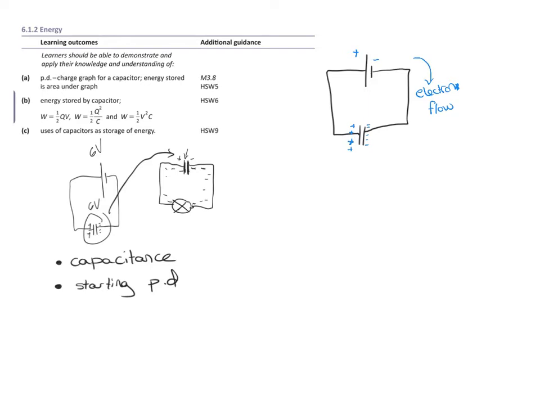So when we talk about capacitors and how they charge, we focus on the electron flow. Otherwise, everything else that we've done in electricity prior to this, we always cared about conventional current, which is in the opposite direction. It's not a real flow of charged particles moving, but we had to stick to it, and you'll find out more in the next chapter of why. So let's start with explaining what is going on with the electrons.